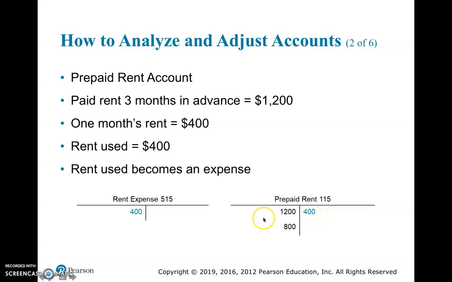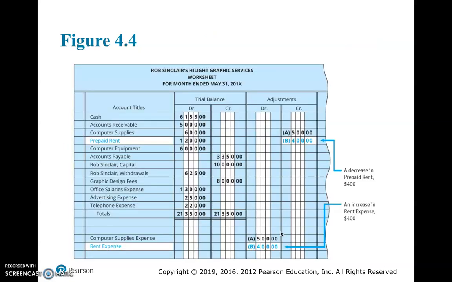So therefore, drawing a line in here, the remaining balance is $800, which is basically 2 months worth of rent that now we have available.